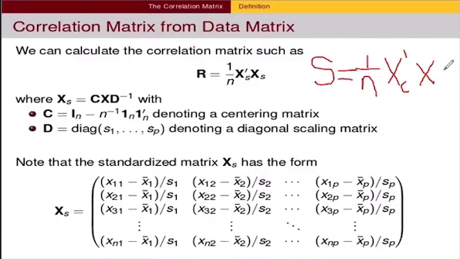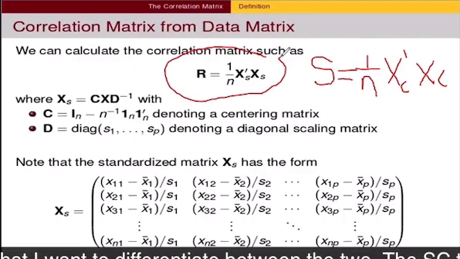But I need to say something now. In the correlation, it is not S_C, it's S_S. Then I want to differentiate between the two. The S_C that I mentioned on Friday is actually the centered matrix S.